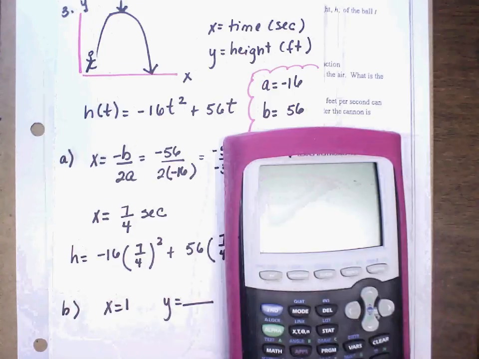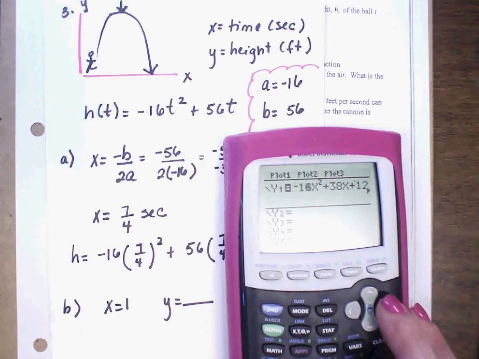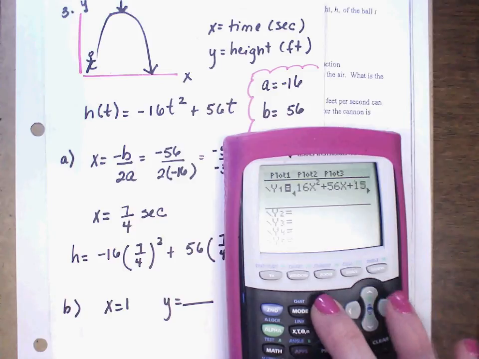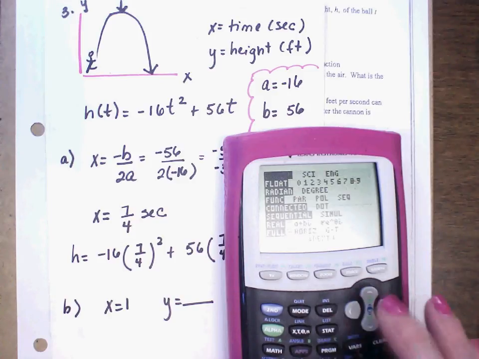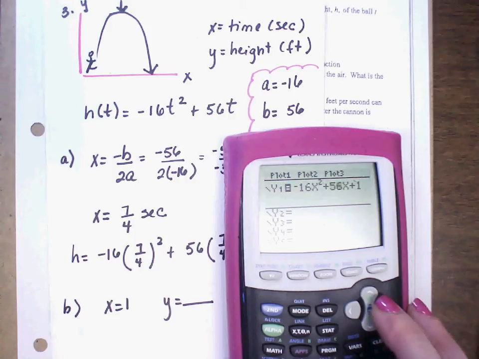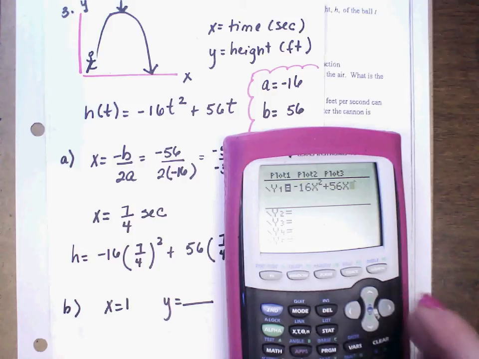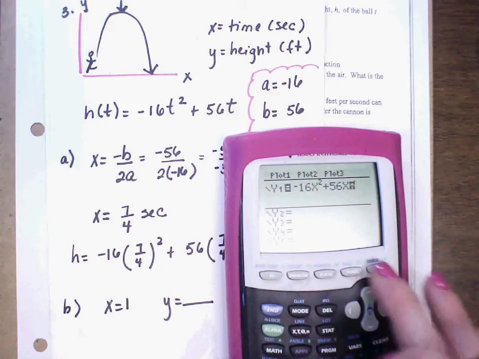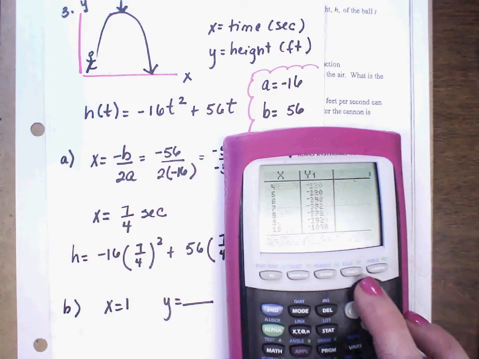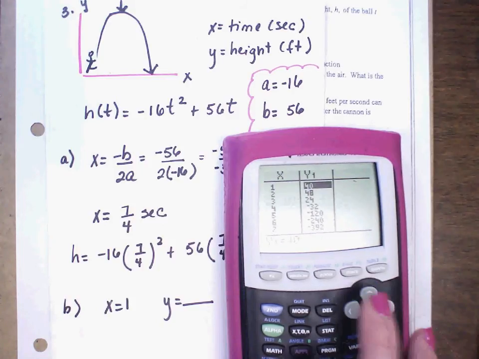I will go straight to that table. So x equals 1, y equals 40 feet. Very good.